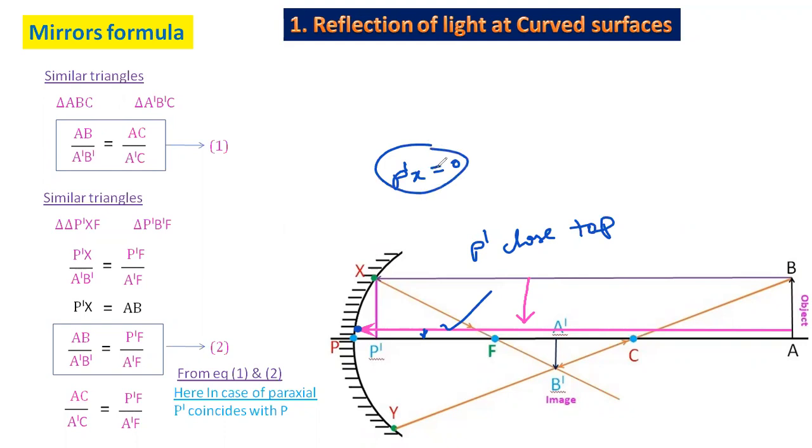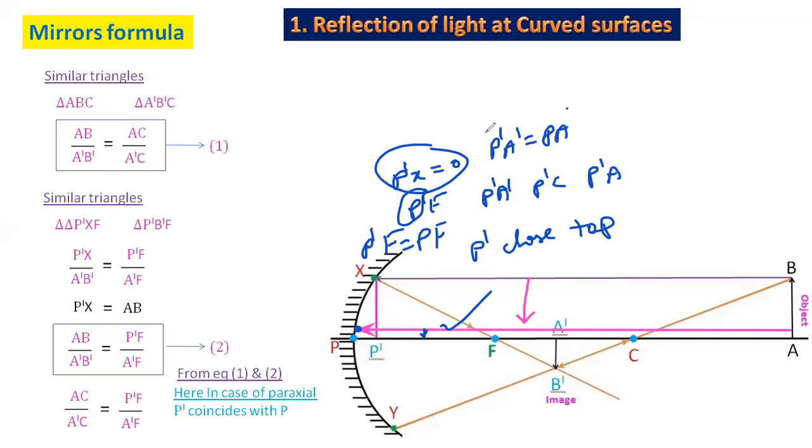So here, P dash F or P dash A dash or P dash C or P dash A, any measurement you are taking, this P dash will be replaced by P. So P dash F we will take as PF, or P dash A dash we will take as PA dash. So no point P dash here.